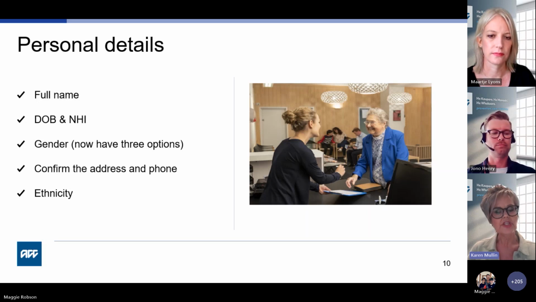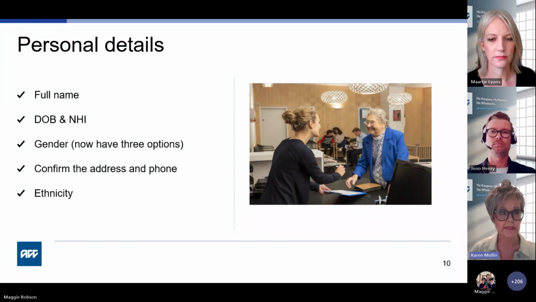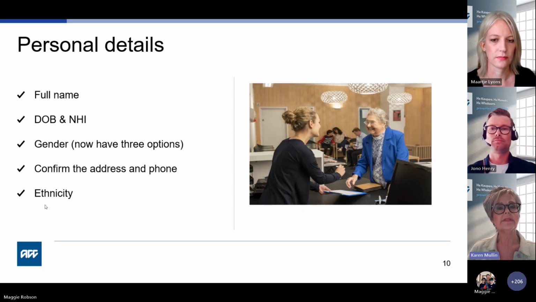Their gender, there's now an additional option for gender, but this may or may not be available in your current practice management system. So addresses, the address ensures that any correspondence that we send to the patient is at the correct address, and we do have a legal requirement to notify customers of their decisions. So really important that we get that address correct.